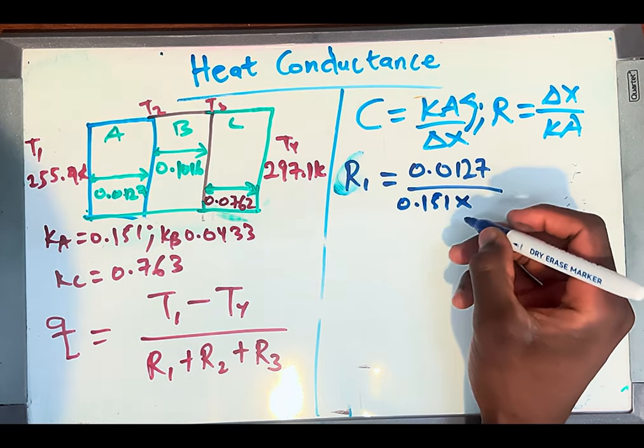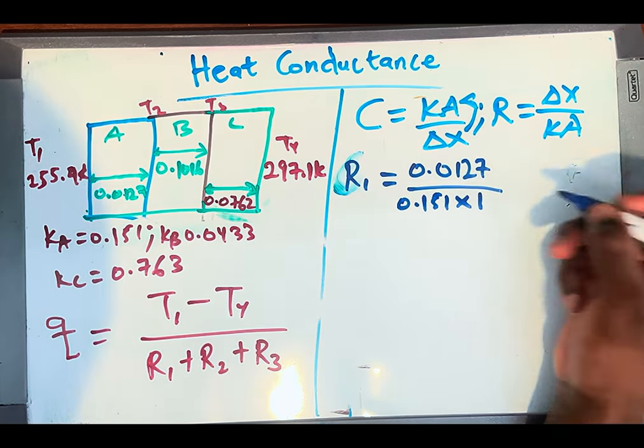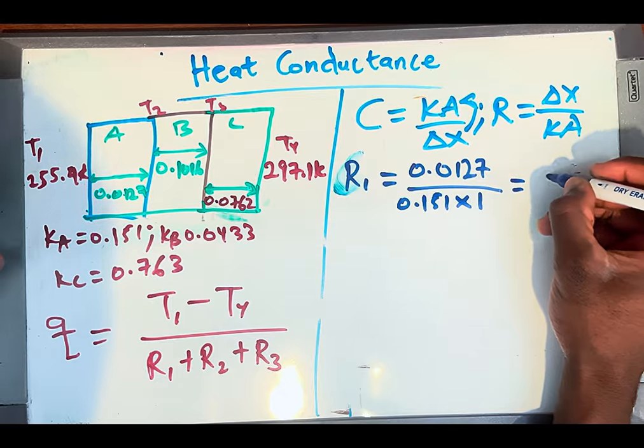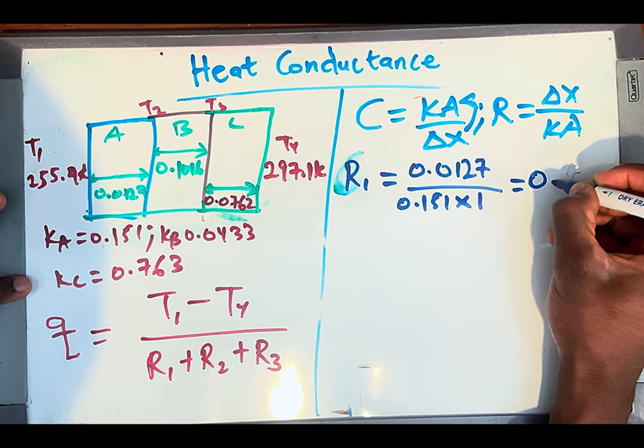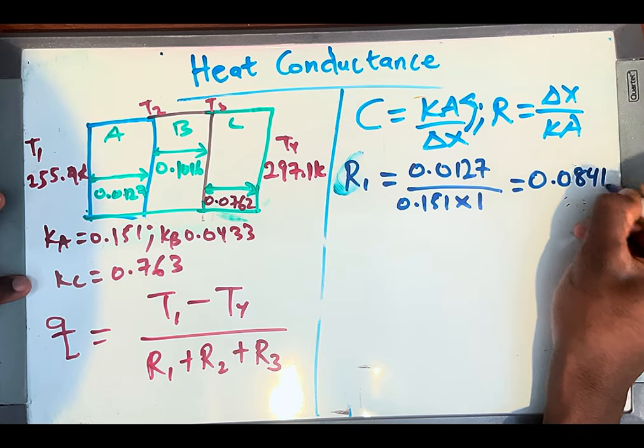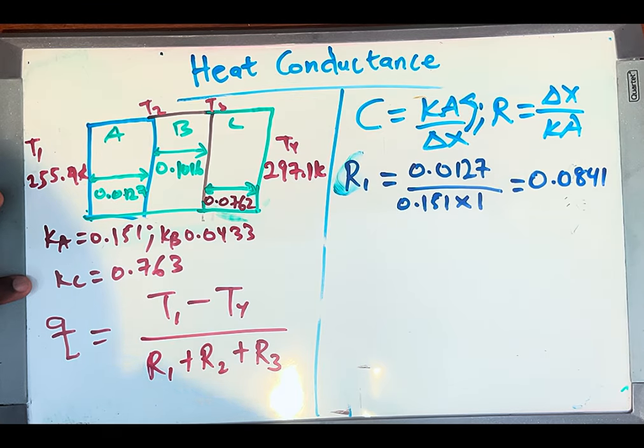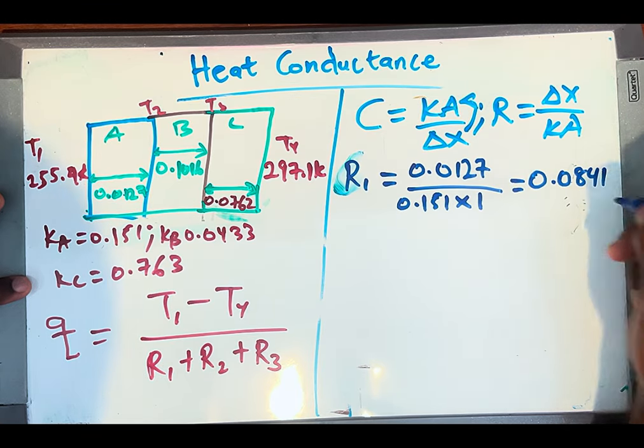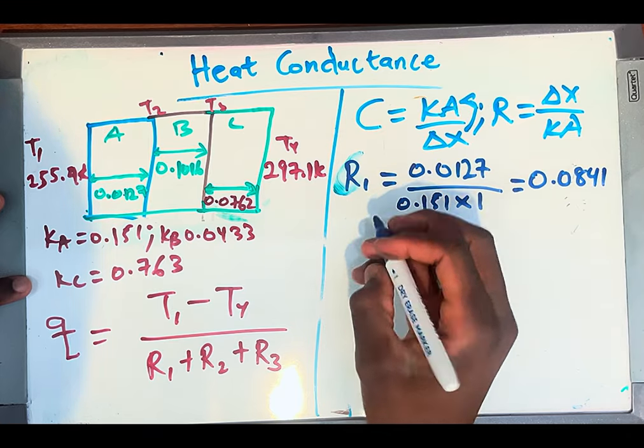The question gave us the area to be 1 meter squared. So this is 1. And when we compute this, we're going to get 0.0841 Kelvin per watt.